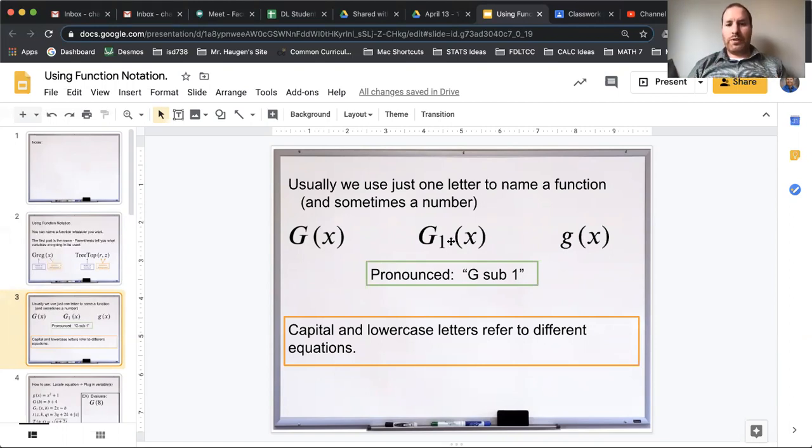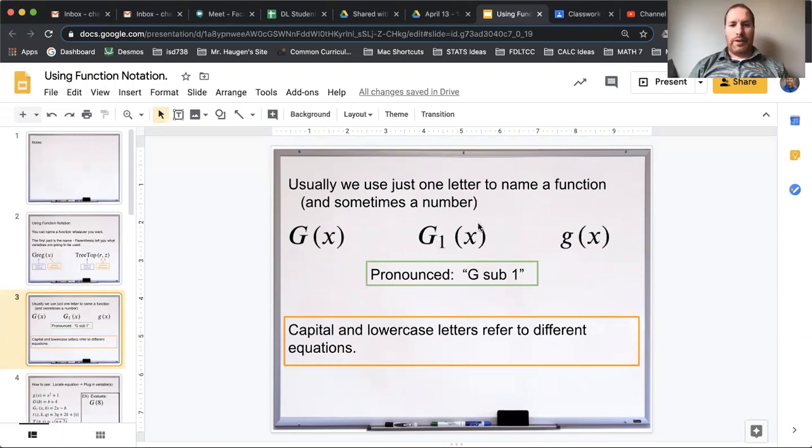And we put those in what's called the subscript or down below. And we pronounce that as like G sub 1, right? Or if there was a 5, we would say, well, that's G sub 5. Whatever number is in the subscript, we say sub, and then whatever that number is. So we don't say that this is G1, we say that it's G sub 1 in that case.